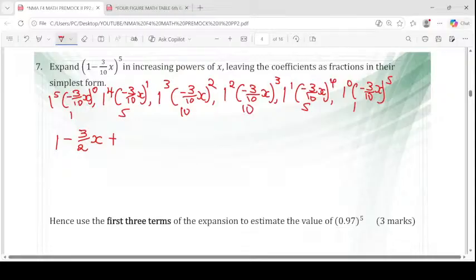That becomes 9 over 10. So this will become now 9 over 10x squared. Then minus, this is now I have 3 over 10 cubed, that is 27 over 1000, multiplied by 1 squared by 10. This becomes 27 over 100 x cubed.